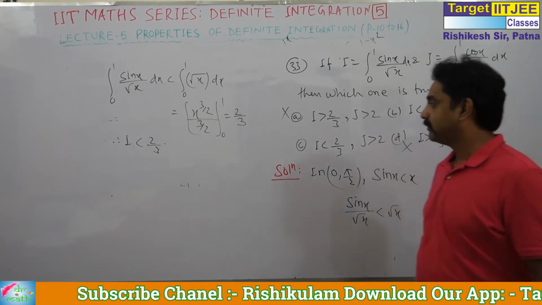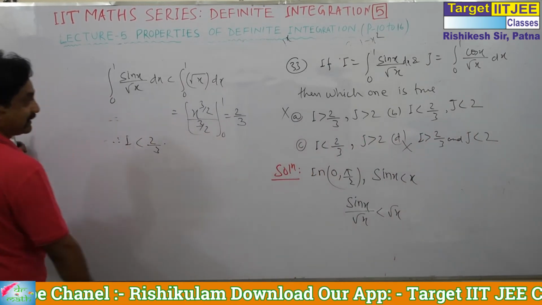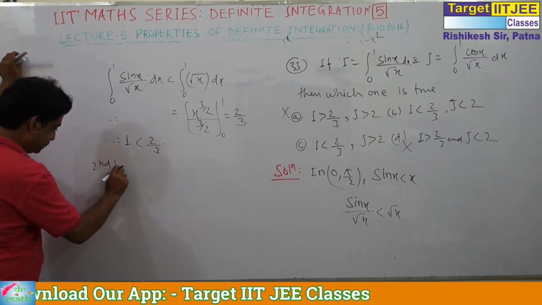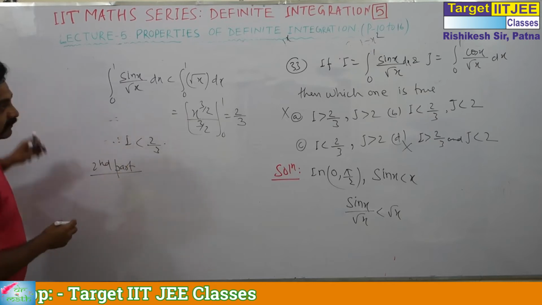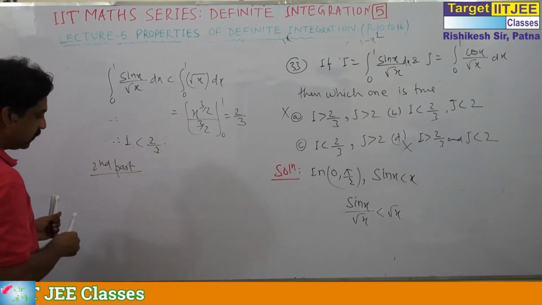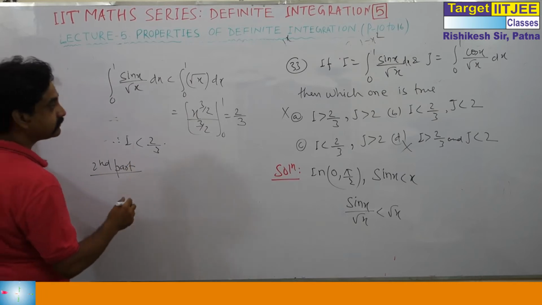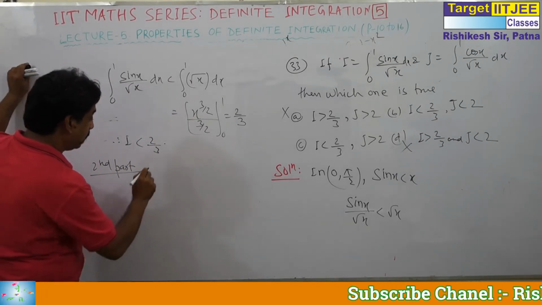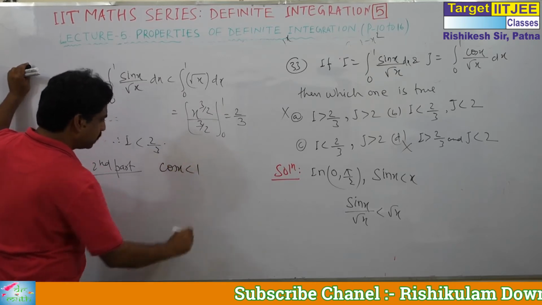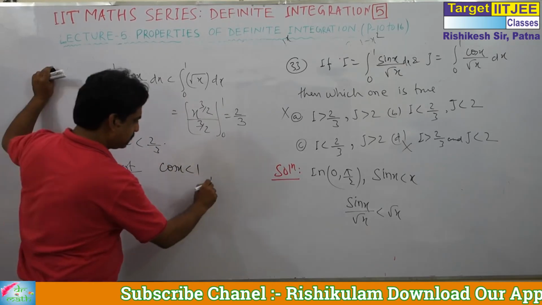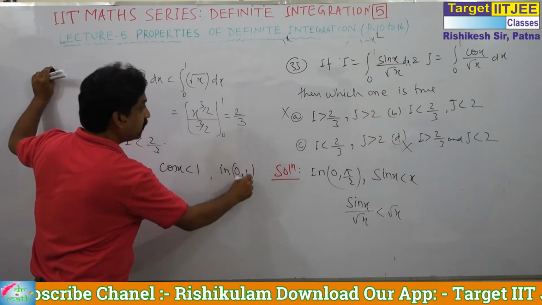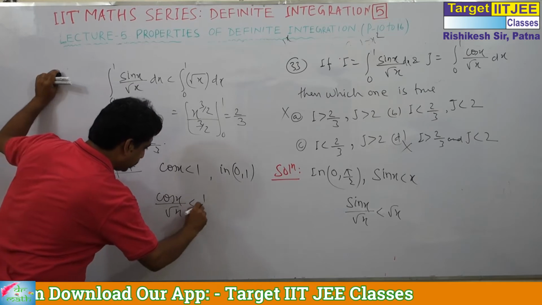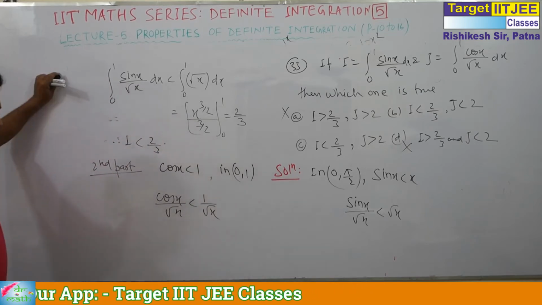Cos x by root x. In the second part there is j. Here you can say cos x is less than 1 in (0, 1). So cos x by root x is less than 1 by root x.